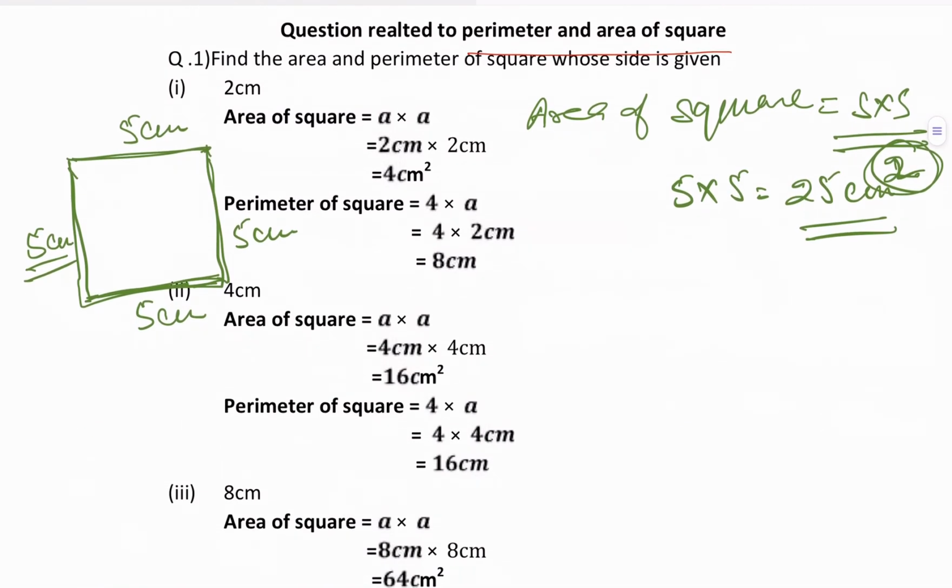Because both sides are in centimeter, centimeter into centimeter equals centimeter square. So this square is used with the area.